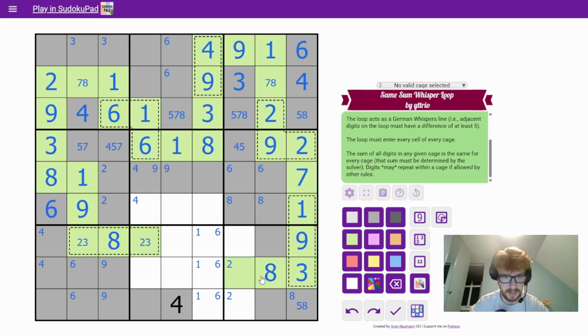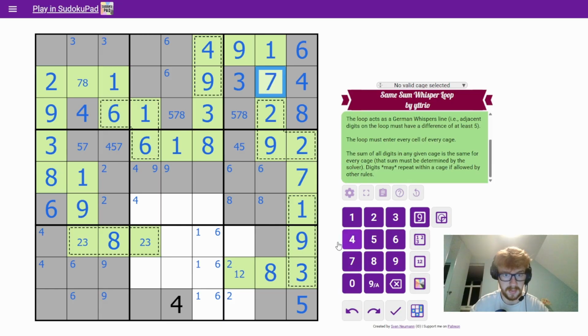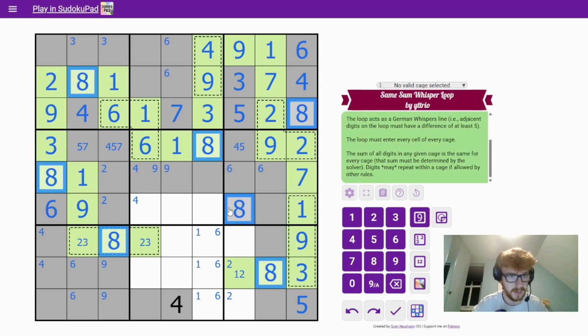And we know that that is on the line, which now is a 1 or a 2. So that must be a 5, so that must be an 8. That's a 7, a 5, and a 7, and an 8. Right, that is most of what I think is going to do the lifting.